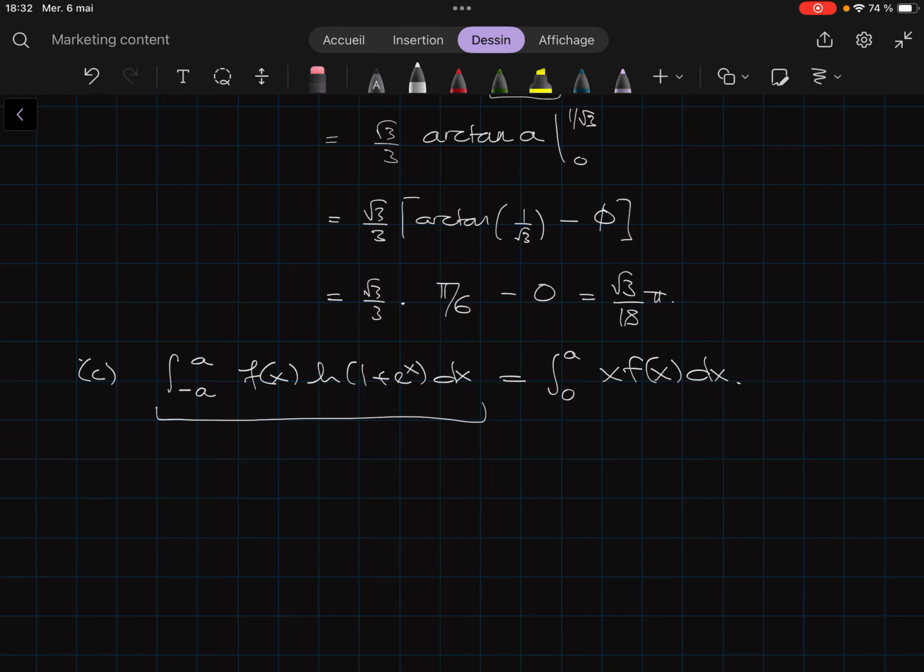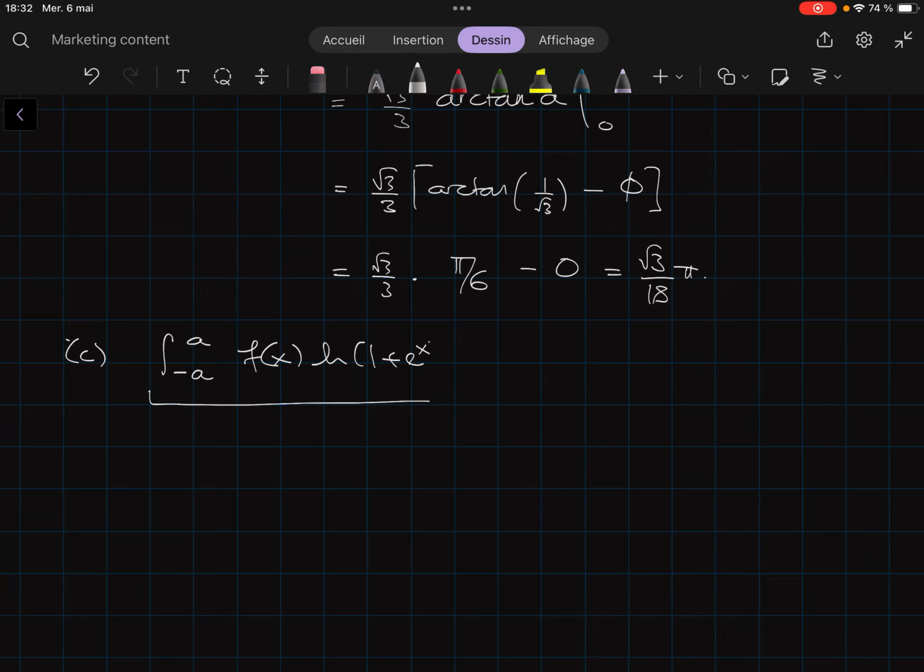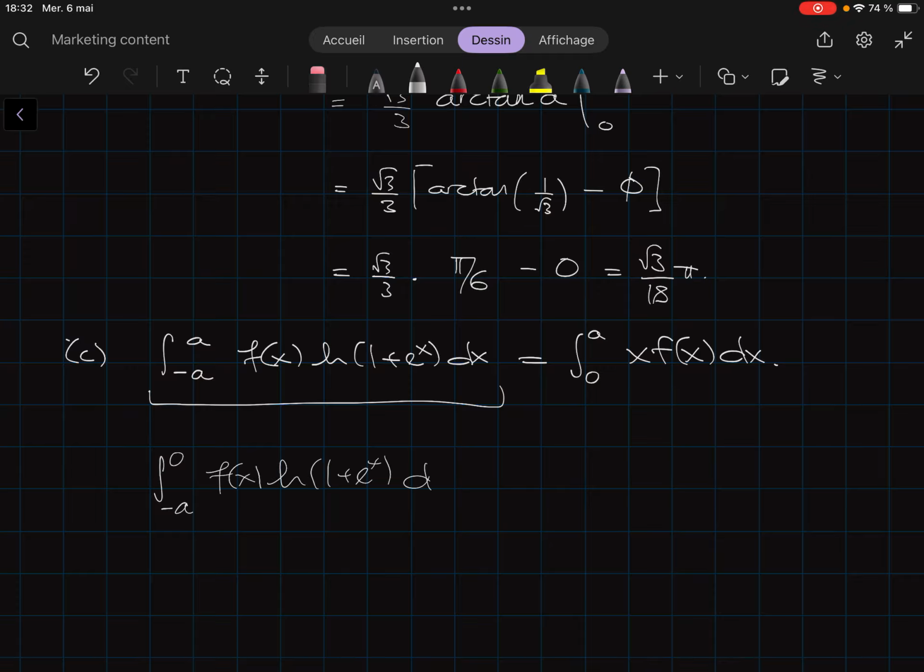First part going from minus a to 0. And the second part going from 0 to a. And I'm thinking of doing this because we need to make use of the substitution that we are given.